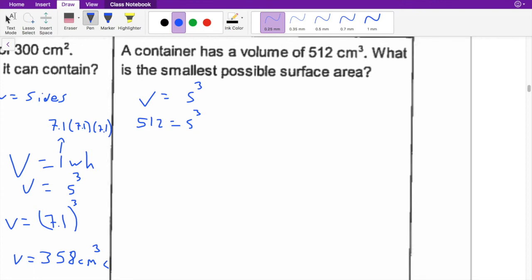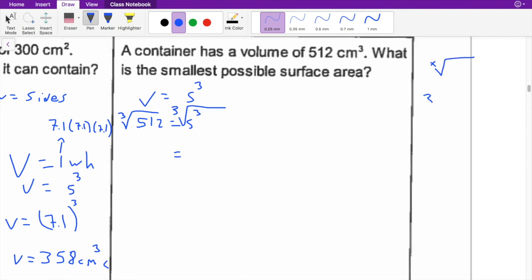Now just as the opposite of a square was a square root, the opposite of a cubed is the cube root. And you'll find it on your calculator because it'll have a 3 right here. So we're finding out what number times itself 3 times equals 512. Sometimes it looks like this.